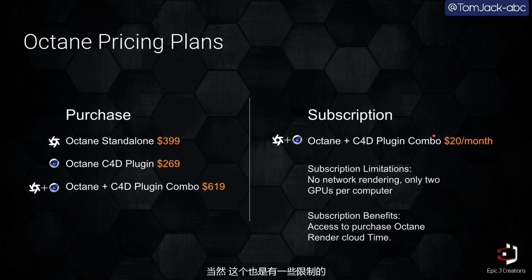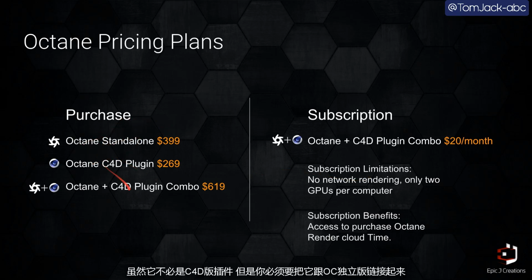Now, there are some limitations. No network rendering, which means you cannot use, and this is another thing that I forgot to mention, third-party render farms from somebody else, but you can use your own render farm. So if you have other computers, you can link them all together and do all of that, which is great. The limitation of that is that you must have a copy on each system.